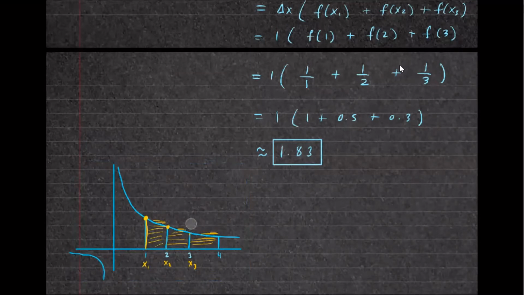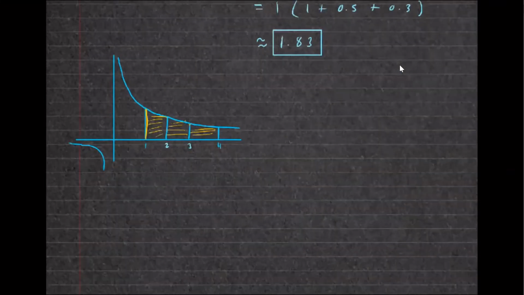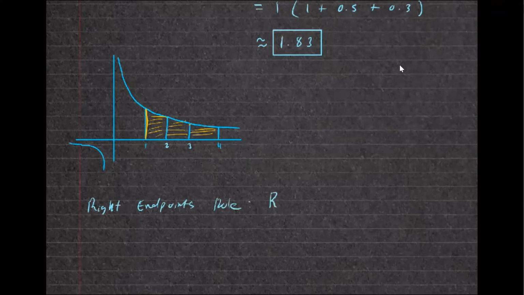I'm going to go ahead and erase these. All right, so now for the right endpoint rule, we're going to call that R, and because there are 3 rectangles, R sub 3.